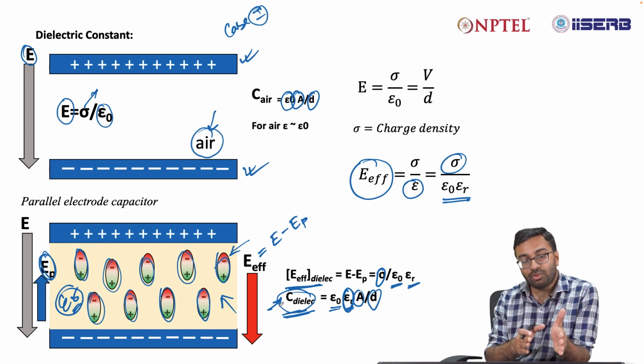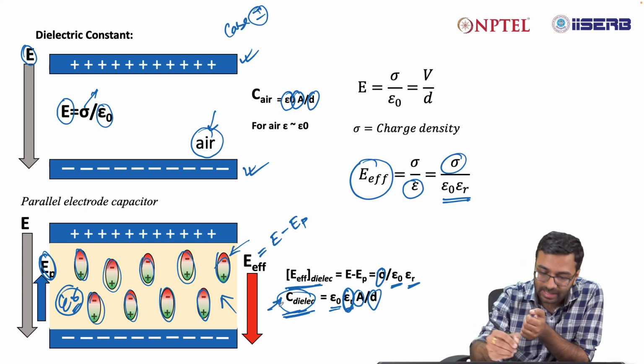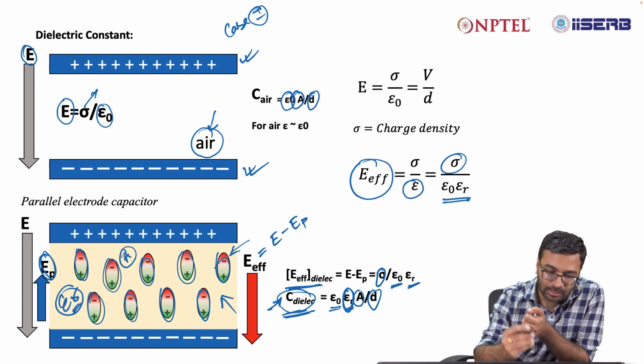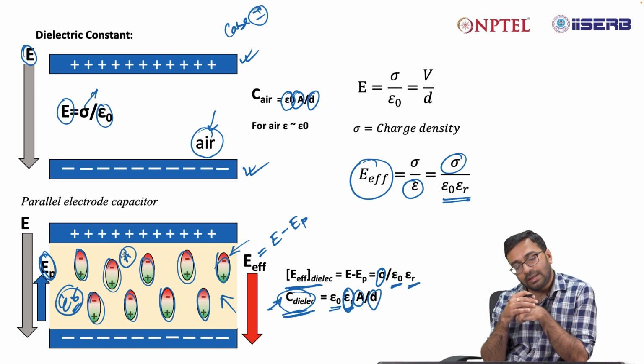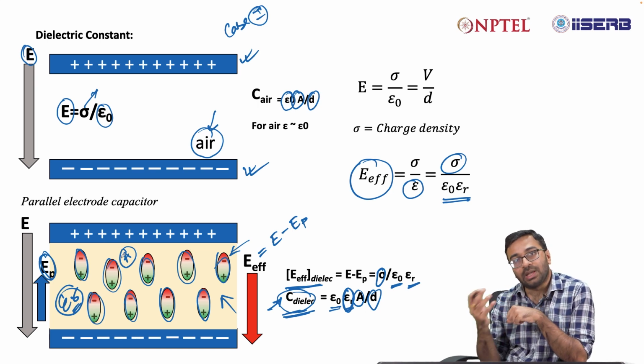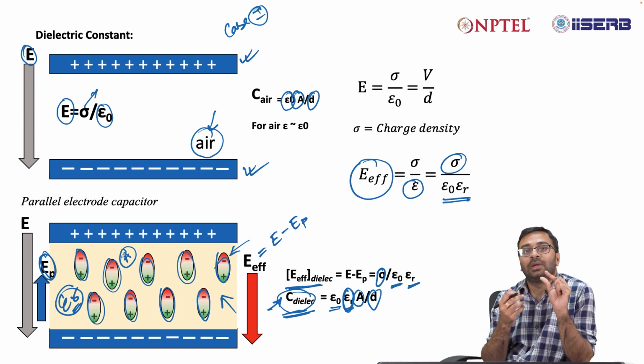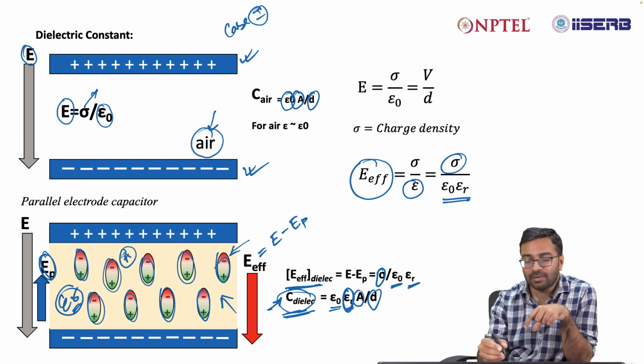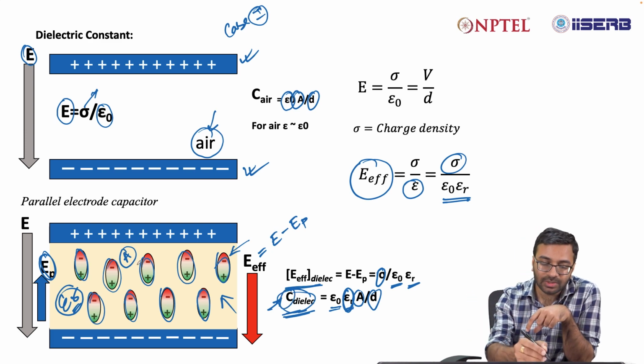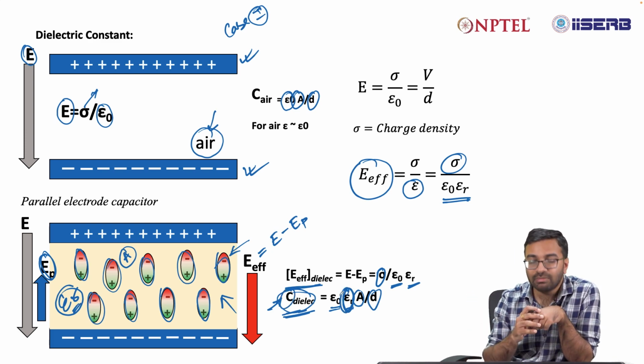Now, in this direction, you can also take advantage of the dielectric material. For example, you want to make a sensor and you figured out there is a dielectric material A, and the dielectric constant of this material changes with temperature. So, if you use that capacitor at different temperatures, you will find different capacitance values, because at different temperatures the dielectric constant epsilon r will change.